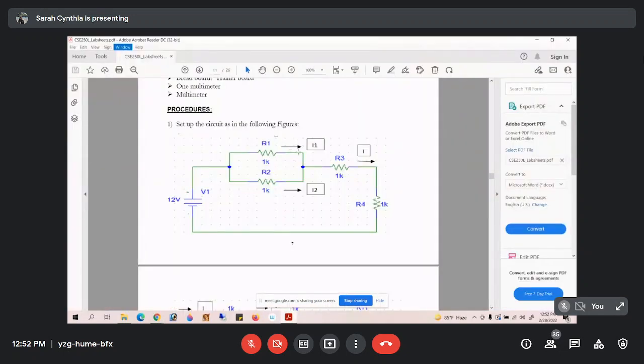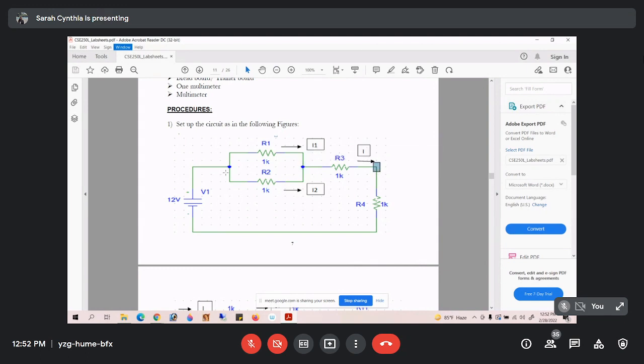In order to find out I1, I2, and I, we have to find out the node voltages as well, right? So we have to find out the voltage of this node, this node, and again this particular node as well.